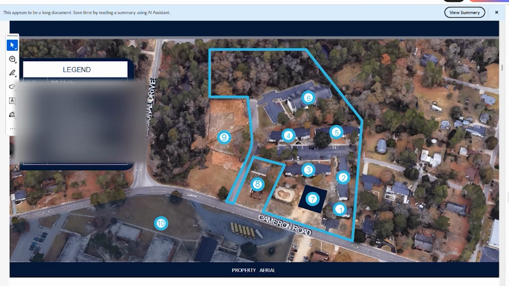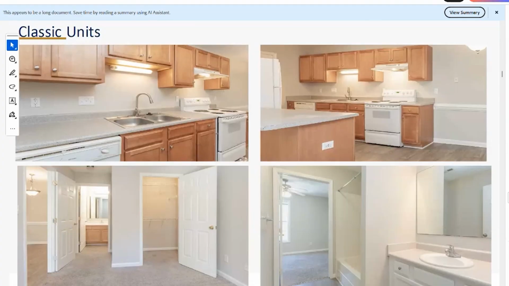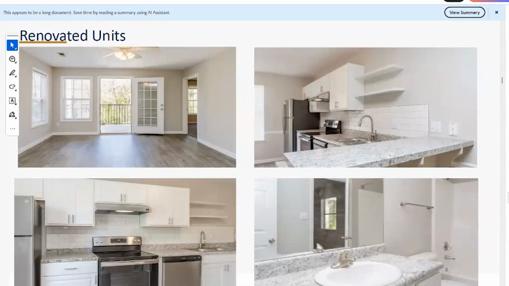But it does show the property. Very nice. North Carolina, a lot of outdoor space. Very nice. These are what some of the classic units look like. These are the renovated units. So you can see they went stainless steel, white cabinets, marble countertops.